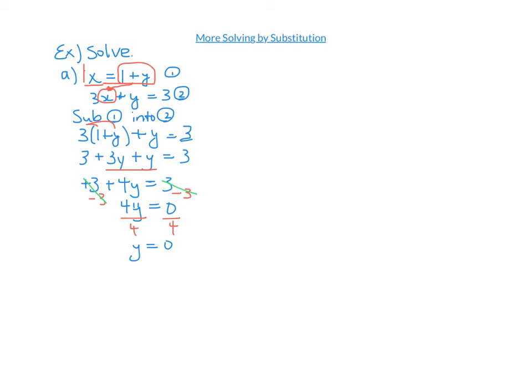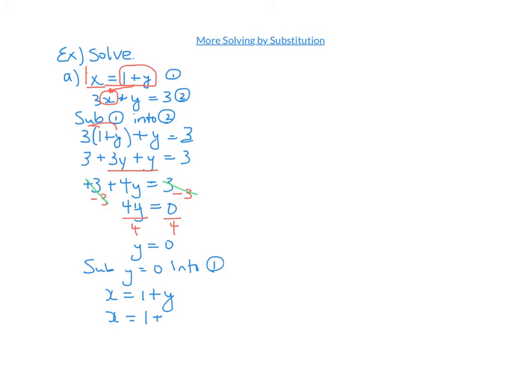So I'm going to take that value of 0 and sub that back into equation number 1, which was that x is equal to 1 plus y. Since the y is 0, x will be equal to 1 plus 0, which ends up equaling 1. So these two lines should intersect at the point (1, 0), because x comes before y.